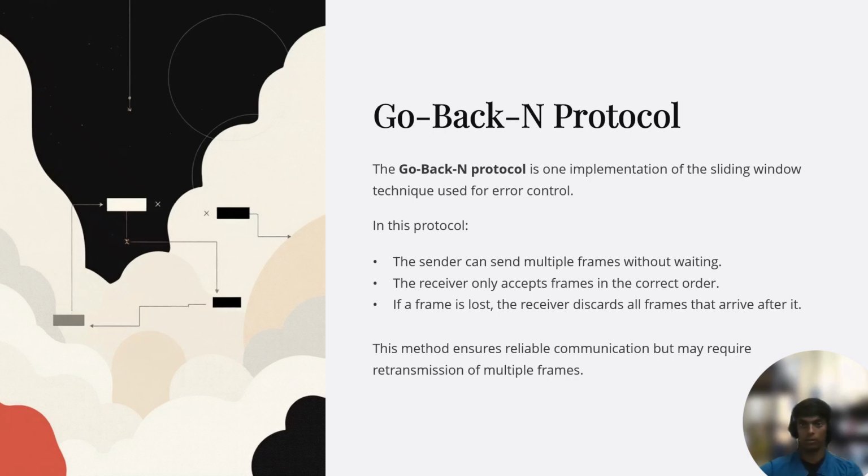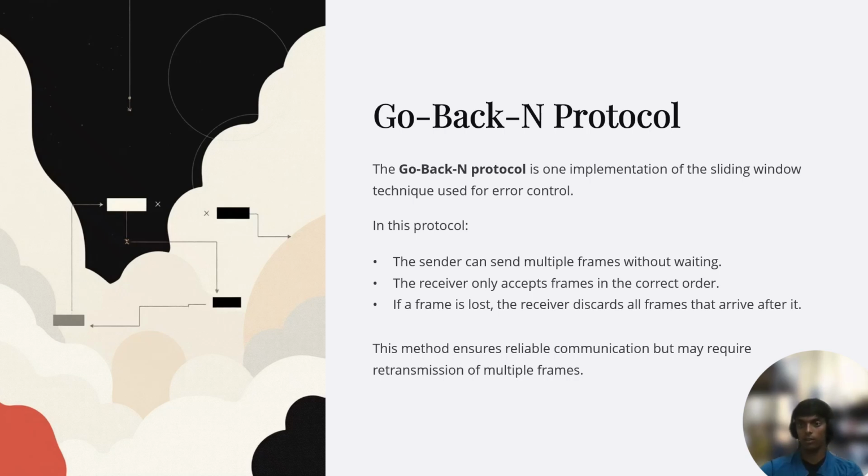Now let us learn about the go back N protocol. One important protocol based on the sliding window concept is the go back N protocol. This protocol is used for error control. In go back N, the sender can transmit multiple frames without waiting for acknowledgements.